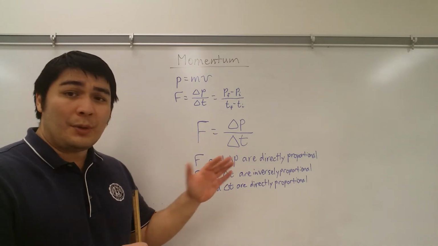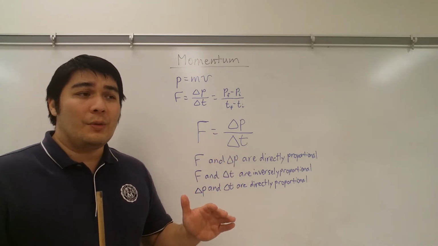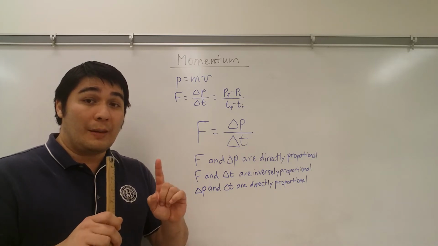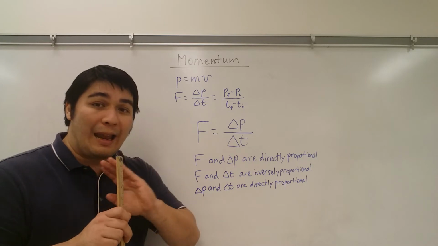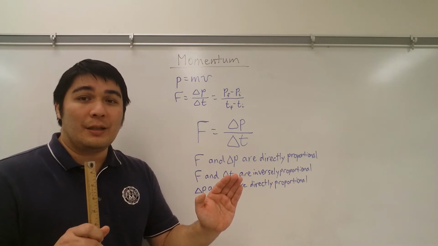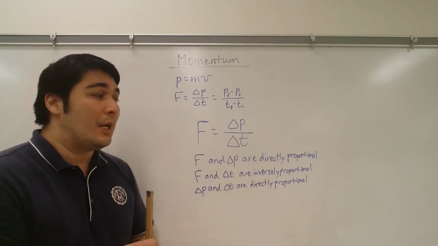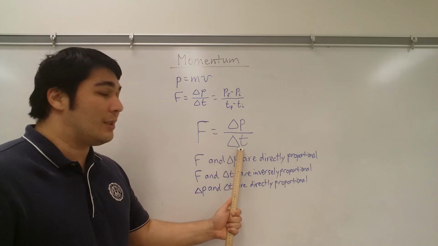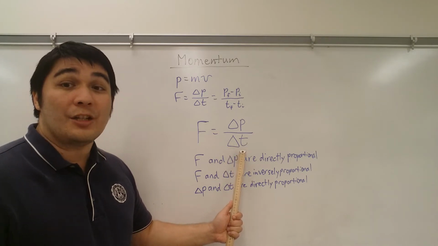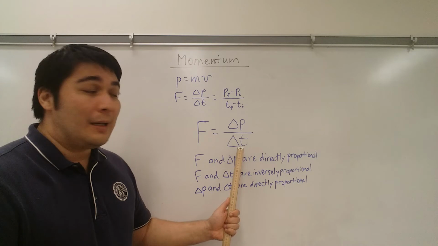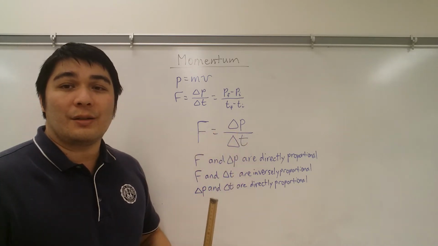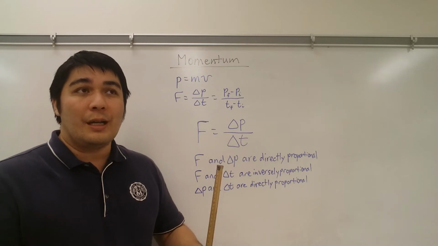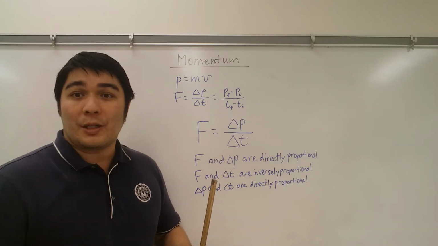Whenever we talk about proportionality, we always have to assume that everything else in the equation is constant. So in this case, if your delta T, or your change in time, is constant, then if the force goes up, it must be because the change in momentum is going up as well.